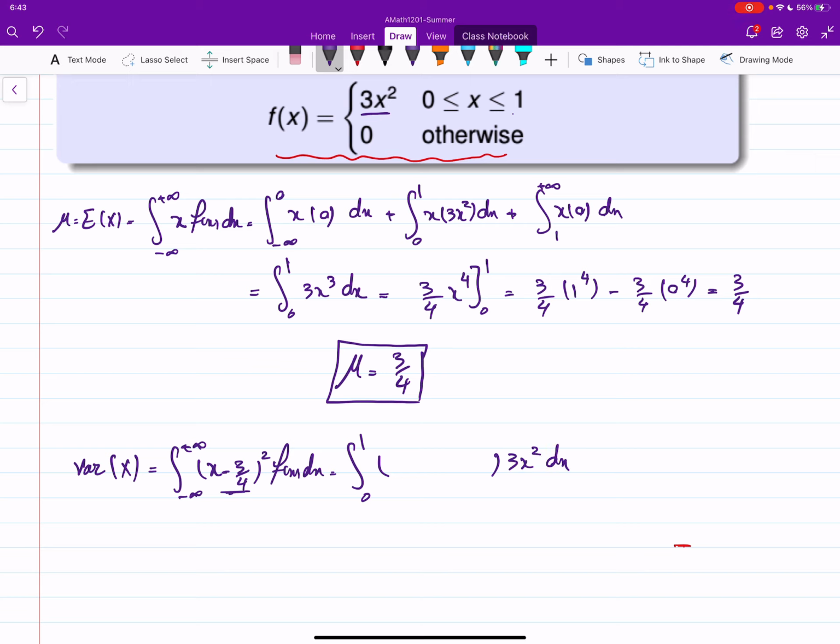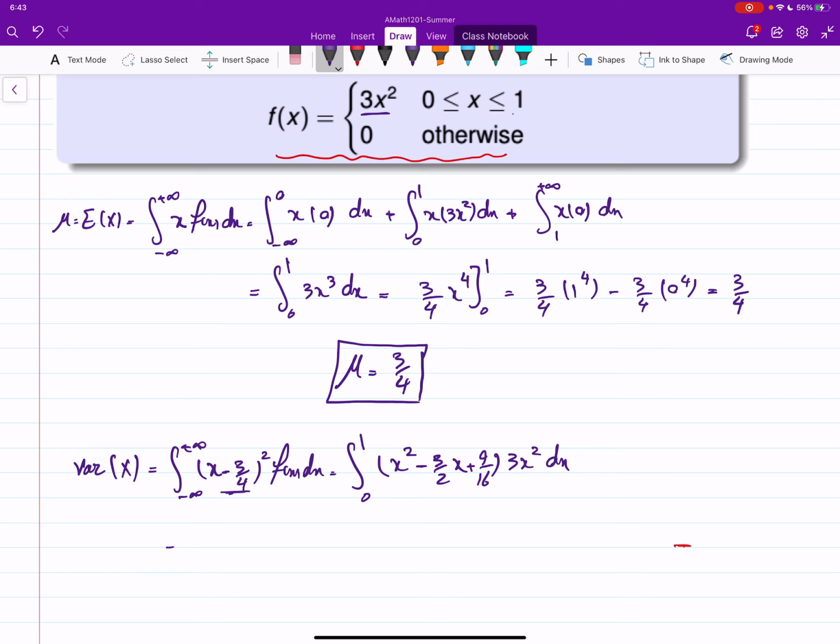Let me expand this piece: first one squared, minus 2 times the second one times the first one, so that is 3 over 2 x, plus the second one squared, so 9 over 16.